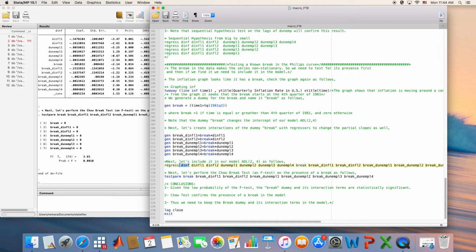And the prediction of the changes in inflation. So the Chow test is simply an F test on the presence of the break. In other words, we're doing it on the break, the dummy itself, and the interaction terms. It's confirming that we need to have a dummy to capture the effect of the break.